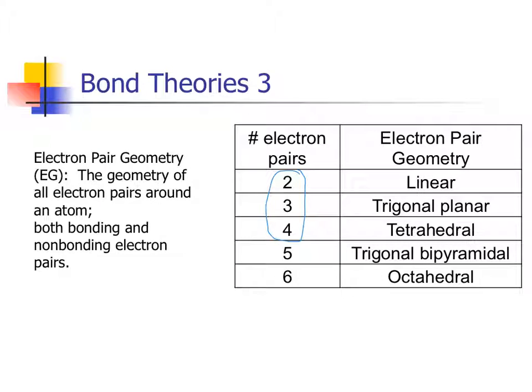The purpose of this class is not to confuse you any more than we normally do in chemistry, but to give you some of the very simple ones. I think the linear, trigonal planar, and tetrahedral are very good. So if we are able to identify how many different pairs there are, we'll see what geometry that gives, and we'll look at some of those geometries as we continue through.